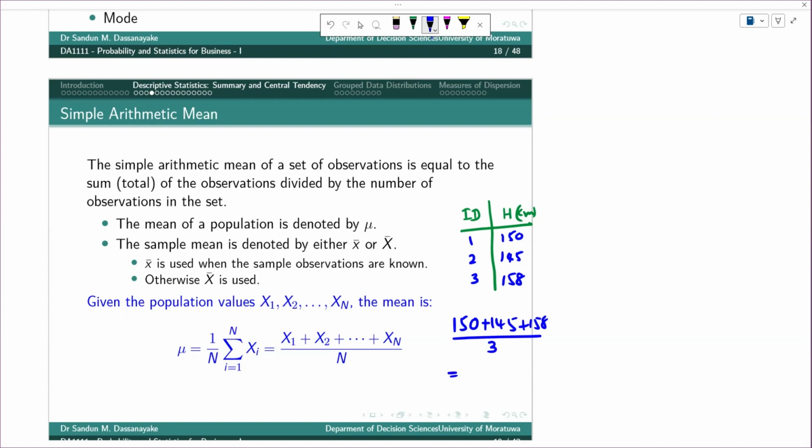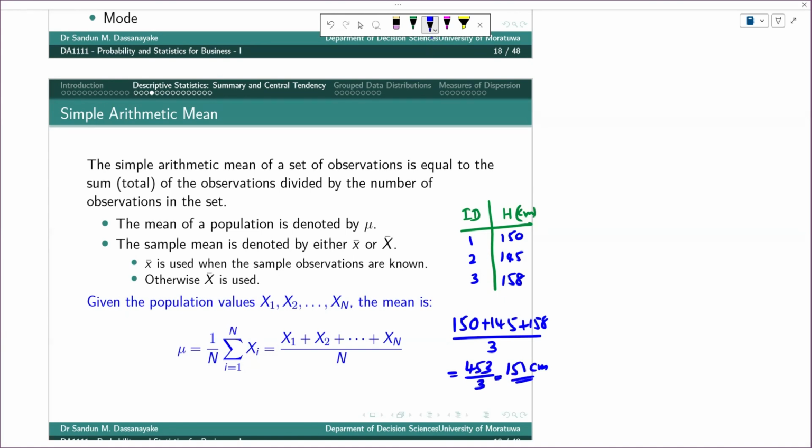Now, simply add them together and do the math. 150 plus 150 will be 300, 300 minus 5 is 295, 295 plus 5 is 300, 300 plus 153 is going to be 453. Divide by 3, so you have 151 centimeters as the mean.